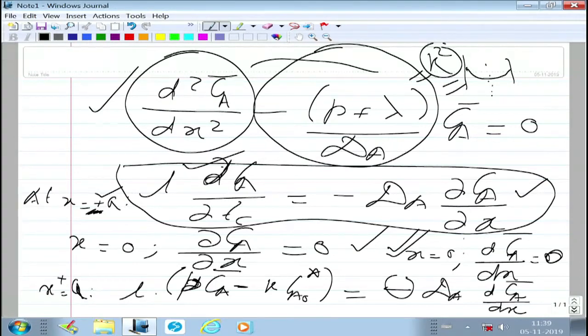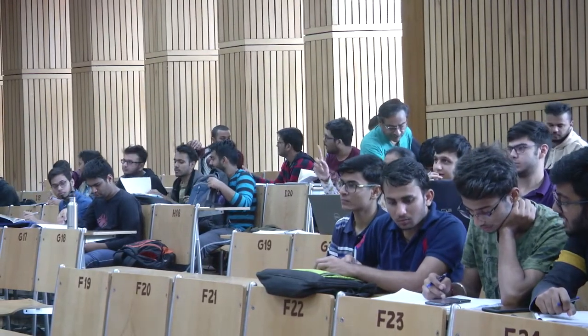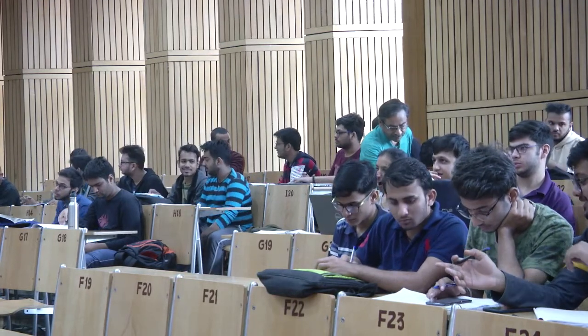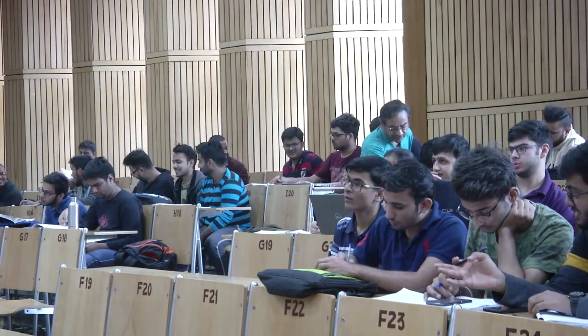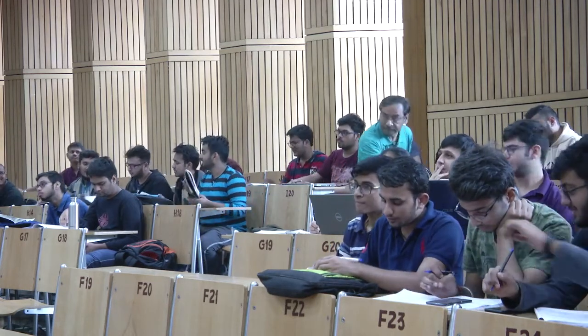And now tell me what is CA bar. All of you, I want you to work out, tell me what is CA bar, and be quick. Solution for CA bar as a function of x. Be careful with the sign. You can check the dimensions for correctness of your solution, but sign you cannot verify. At x equal to 0, dou CA by dou x equal to 0 will become dCA bar by dx equal to 0 in Laplace domain, and this condition will be that L dou CA by dou t is equal to minus dA dou CA by dou x, Laplace transformed.